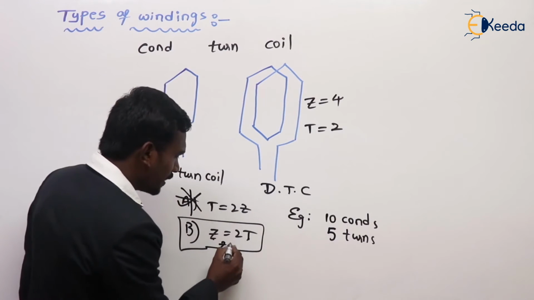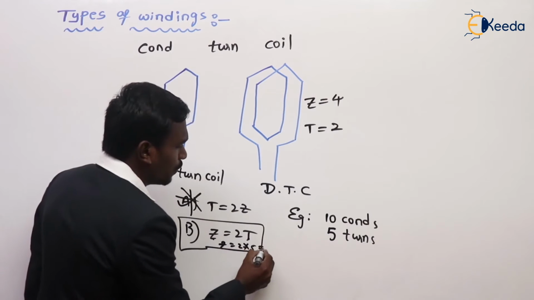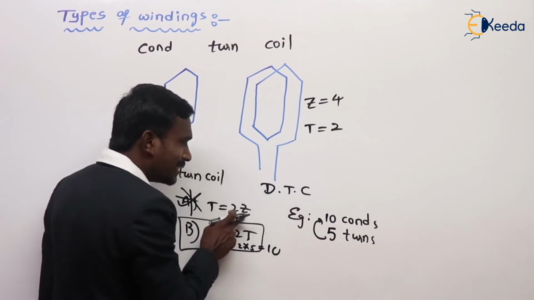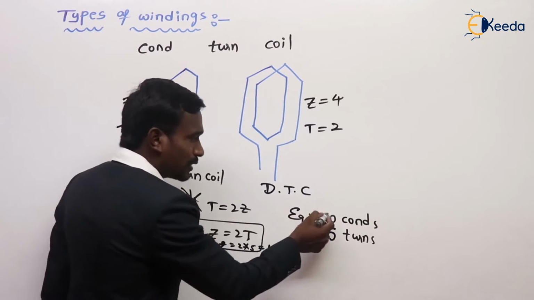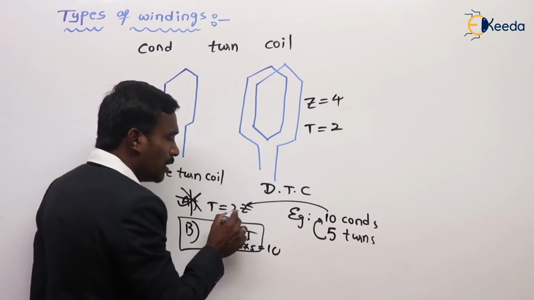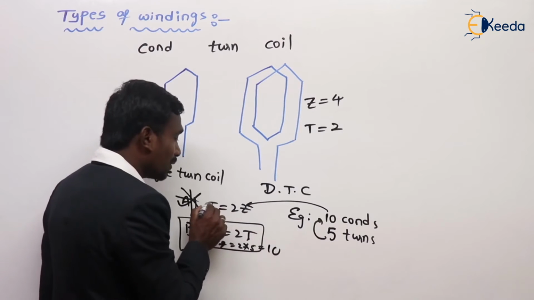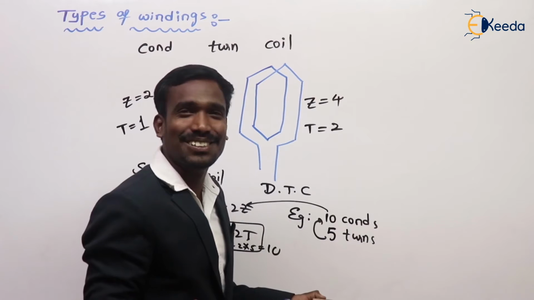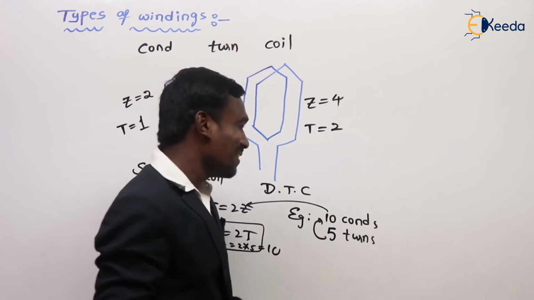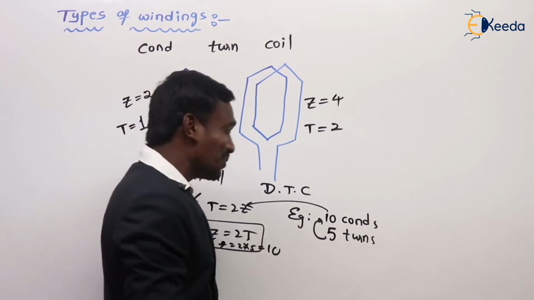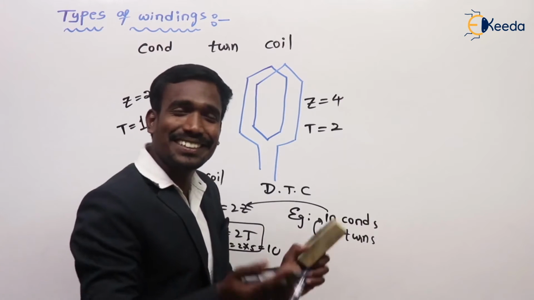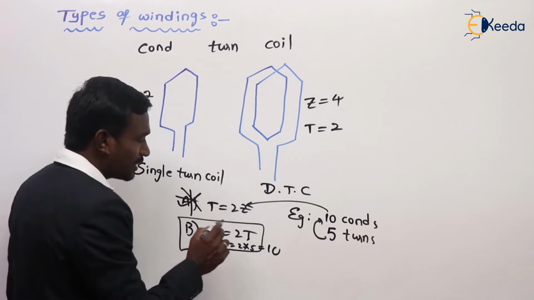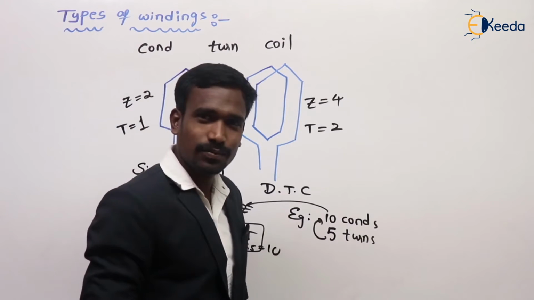Yes or no? Z is equal to 2 fives, 2 fives are 10. But if you substitute in the wrong formula, Z is equal to 10, 2 tens are 20. So number of turns is equal to 20. It is a miracle in the electrical system. Is it or not? By using 10 conductors, you are making 20 turns. It is really a miracle. So be careful. Z is equal to 2T is the correct answer.